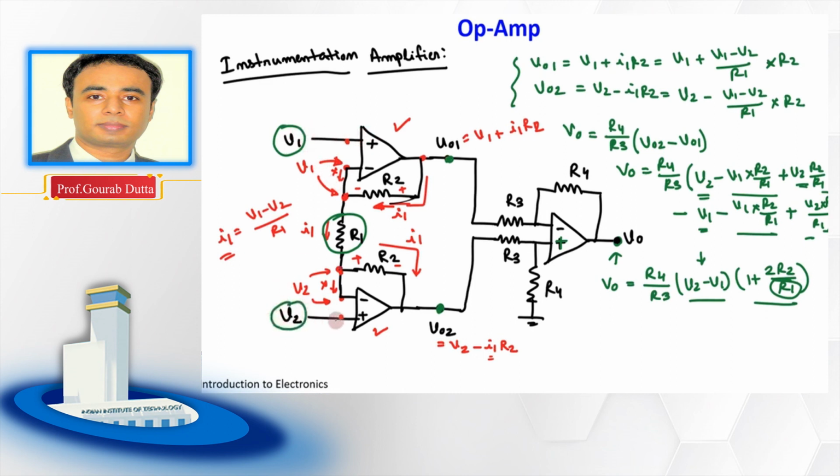So the input impedance is now infinite. You remember when we were using only the difference amplifier, the input resistance was coming to be 2 of this resistance value, so 2 of R3 for this case, right? But now for this instrumentation amplifier, the input resistance is coming to be infinite, very high, right? So I hope this part is clear to you.